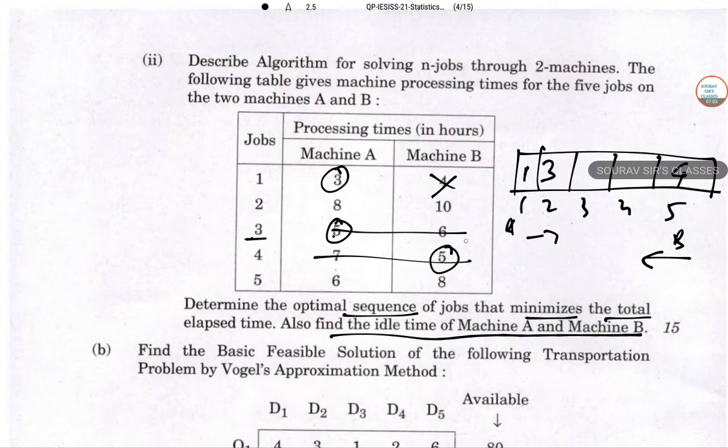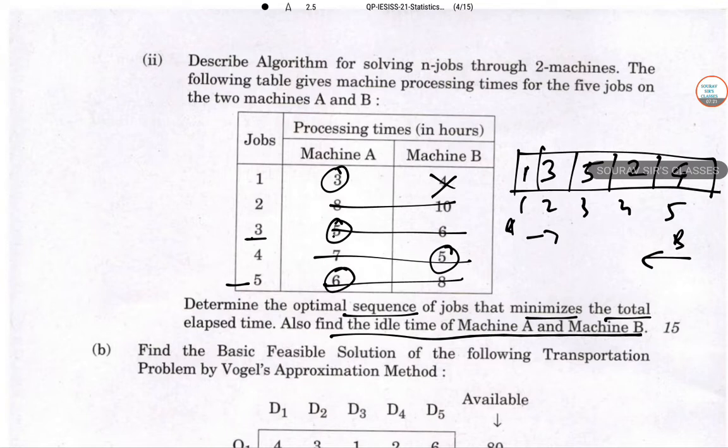After 5 all these are done, so 6, so this is also from this side, so this is 5 and only one is left, and this is 2. So this is the sequence 1 3 5 2 4, and after that when you enter into this structure, now you need to solve it for idle time.